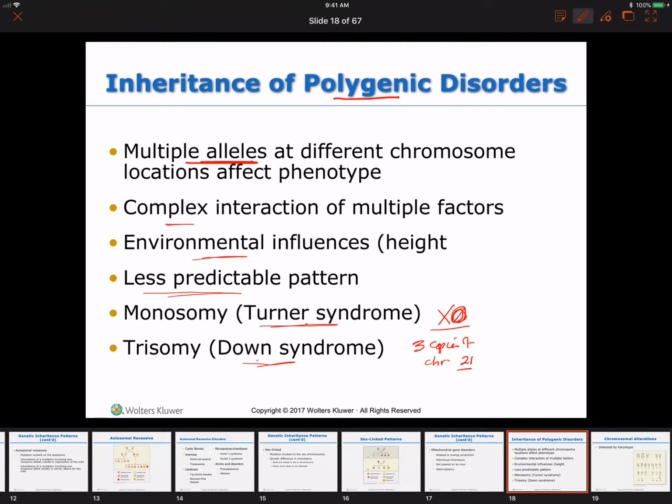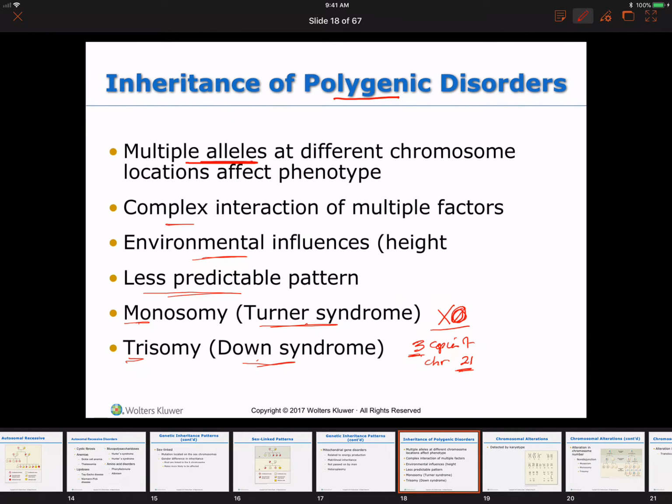Remember, under normal circumstances, we have 2 copies of each chromosome. So for chromosome number 21, we have 1 copy from our mom, 1 copy from our dad. But if we accidentally get an additional copy, then that could result in the trisomy, so an extra copy. Monosomy is minus a copy.